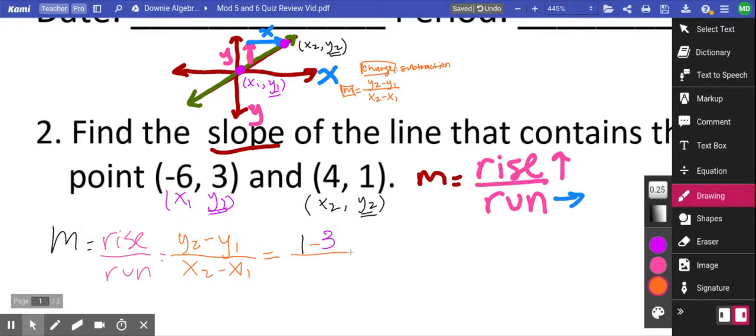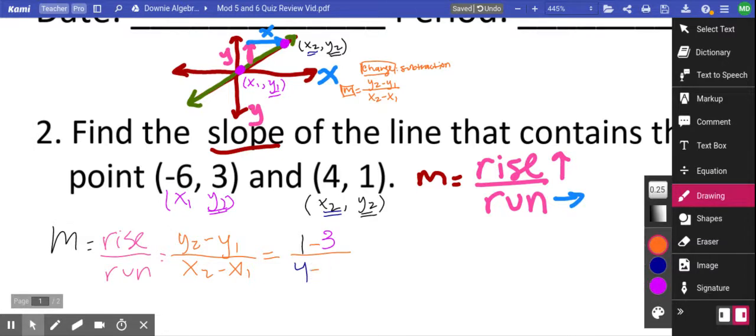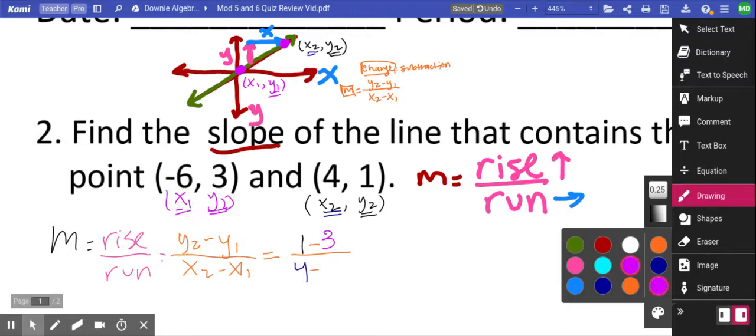We're going to keep our division sign. We know that x2 was our 4. Keep that subtraction sign. And we know that x1 is our negative 6.